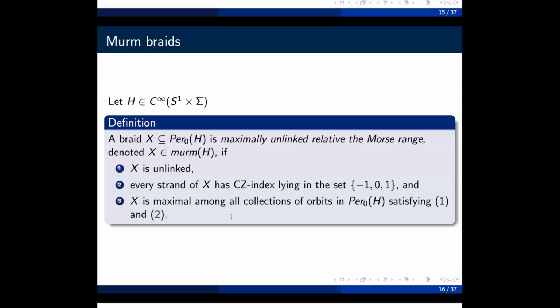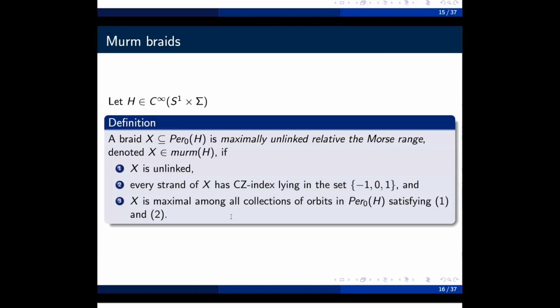Is there an elementary way to show that at least one of these maximally unlinked braids exists? I mean, the Conley-Zender index condition seems non-trivial. Well, elementary, I'm not using the Floer. Yeah, I mean, a single strand is unlinked with itself. Right, but then you have this Conley-Zender condition.